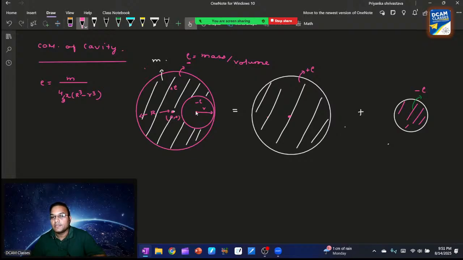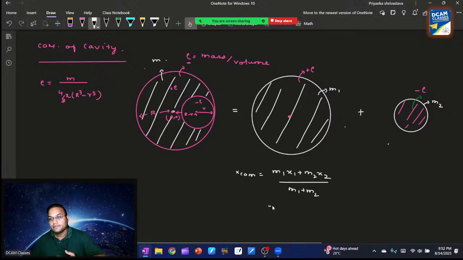And the center of mass of this is at position capital R minus small r, capital R minus 0. So you will calculate the center of mass of this whole system as x center of mass equal to m1, the mass of the solid body, and m2: m1 x1 plus m2 x2 divided by m1 plus m2. Basic formula that you have.